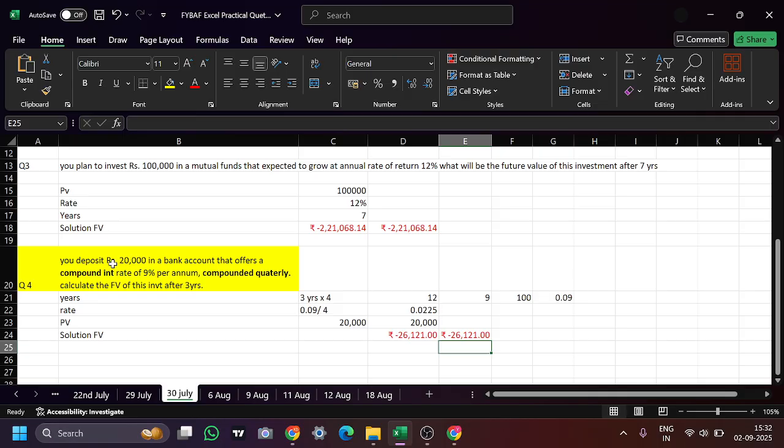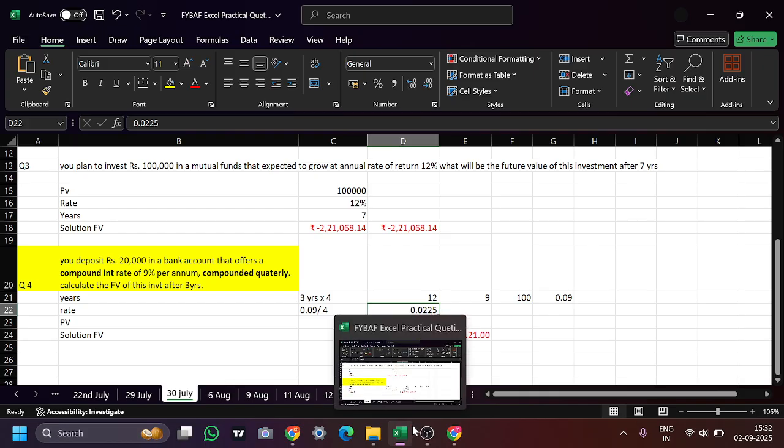So if we invest 20,000 currently, after some years we will get about 26,000. Done. Okay, thank you so much. Next assignments we will do in the next lecture.